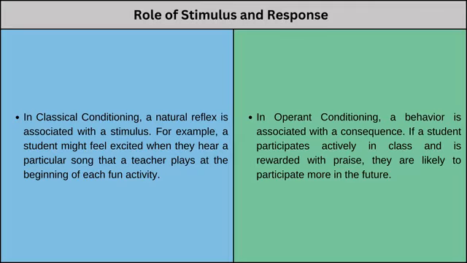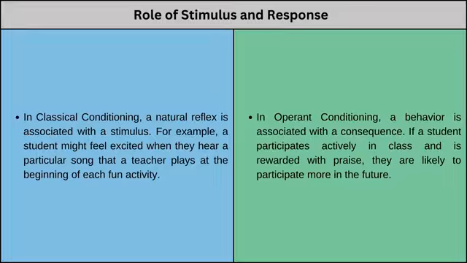Here, the excitement is a reflexive, automatic response to the stimulus, which is the song. The original neutral stimulus, that is the song, becomes a conditioned stimulus that evokes a conditioned response, which is the excitement.